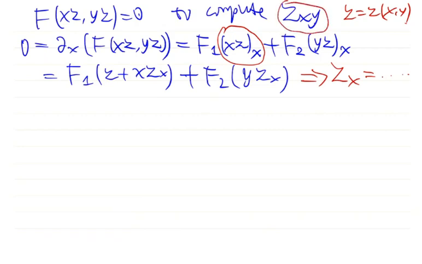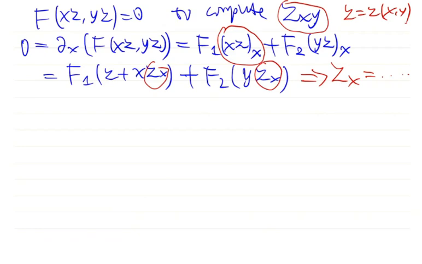Okay. For the second derivative, we take the derivative of this equation again. But we take the derivative with respect to y, because what we want is zxy. We already have zx here. We want zxy, so we need to take the derivative with respect to y.